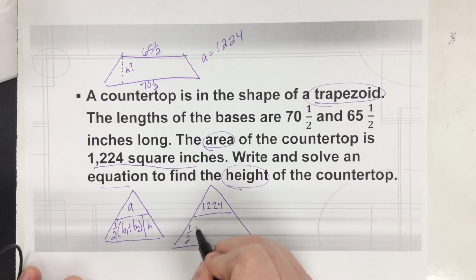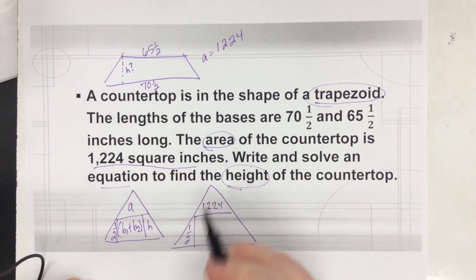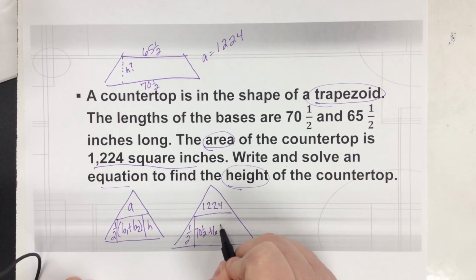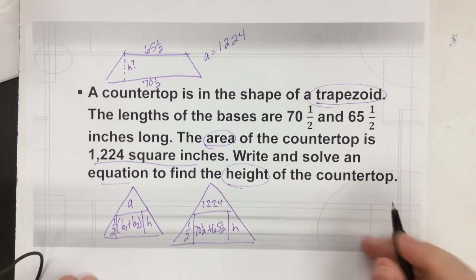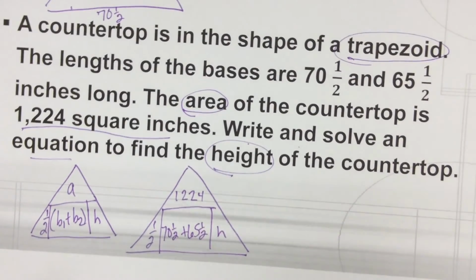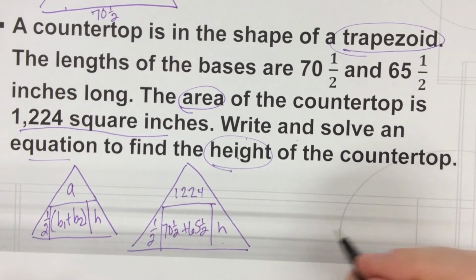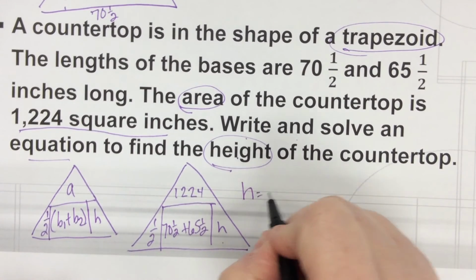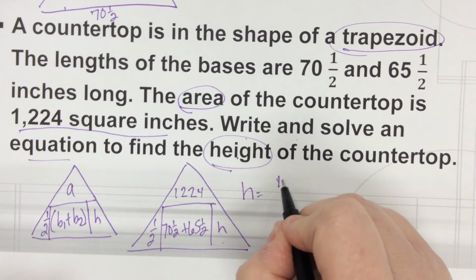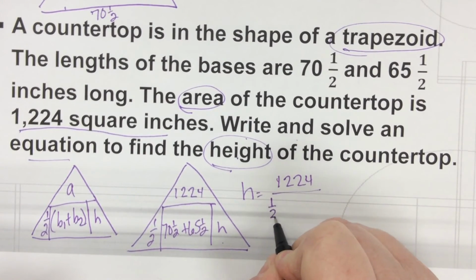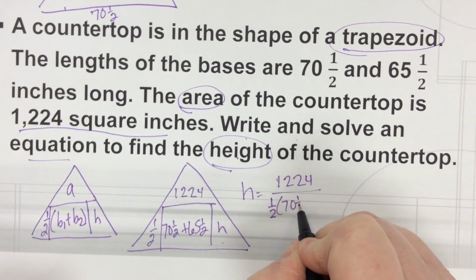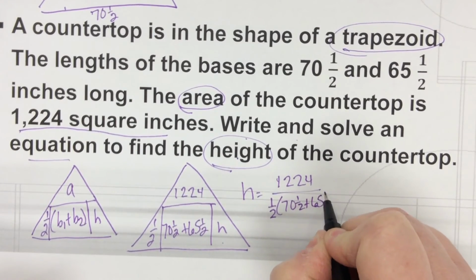So I have 1/2 times my base 1, which is 70.5, plus 65.5 times my height. Okay, and I'm going to use that to work backwards to find the height. Okay, height equals 1,224 divided by 1/2 of 70.5 plus 65.5.